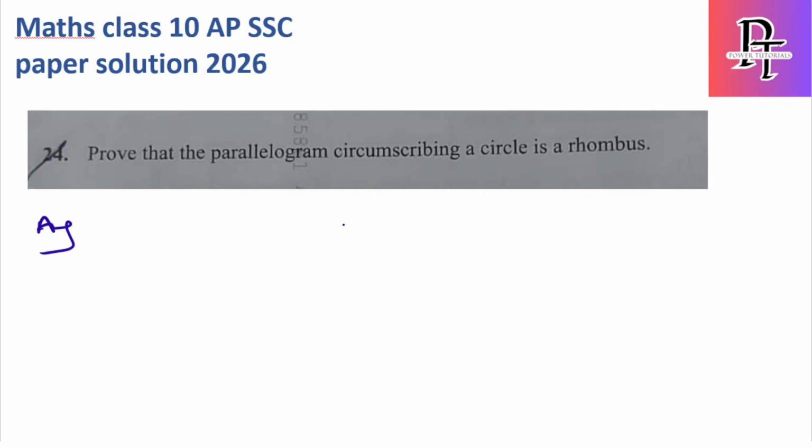Prove the parallelogram circumscribing a circle is a rhombus. So for this, first draw a circle, and then draw a parallelogram like this.